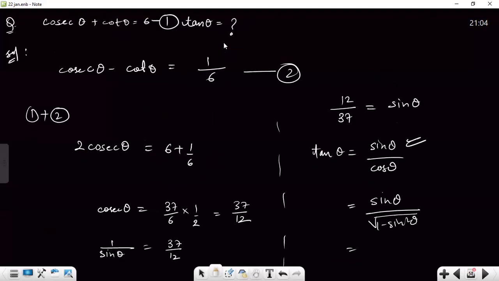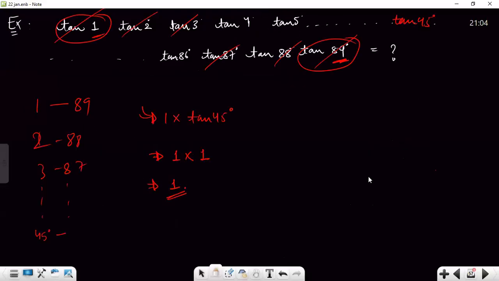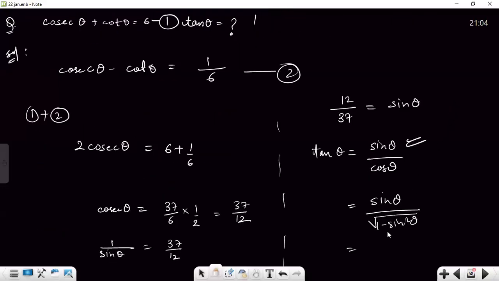Okay. Here 12 by 35 will be using this method where we have drawn a triangle. Otherwise, using this method also we could have found it out.